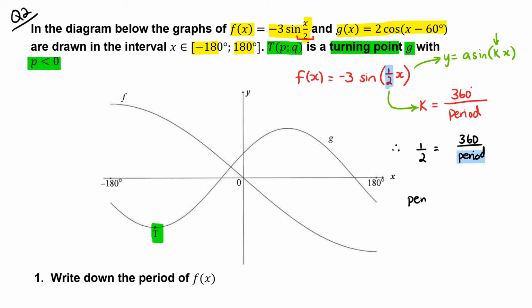So period would equal 360 degrees divided by a half. And if you plug that in your calculator, you would get 720 degrees. So the period of the function f of x is 720 degrees.